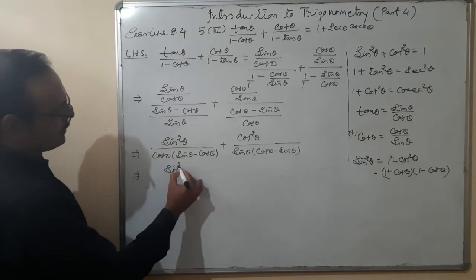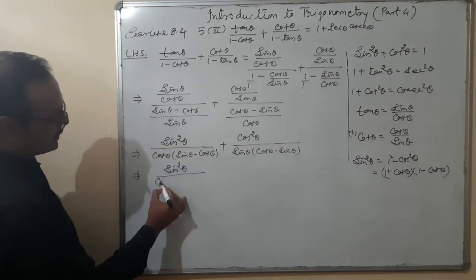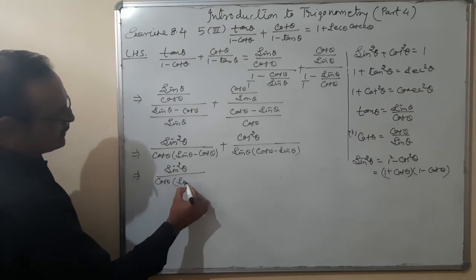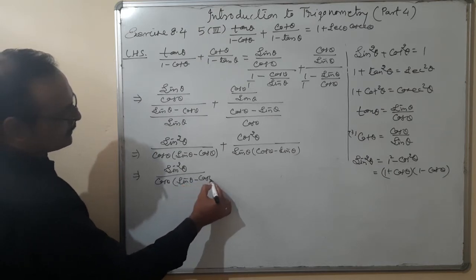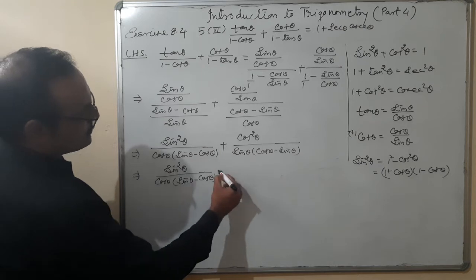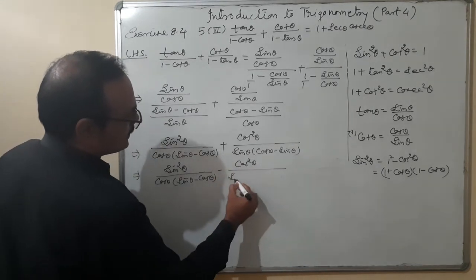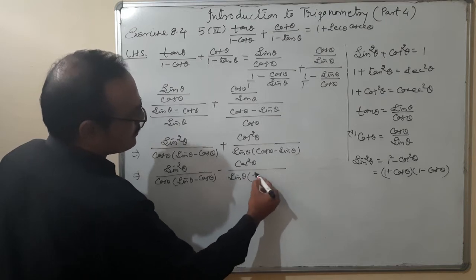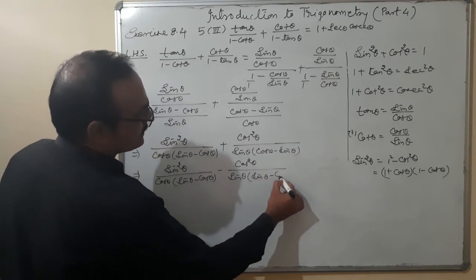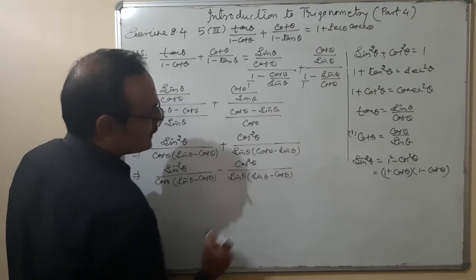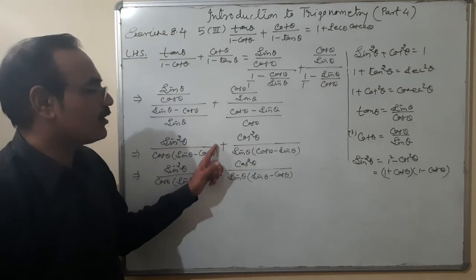Sin square theta upon cos theta into sin theta minus cos theta. This plus becomes minus cos square theta upon sin theta, and it is now sin theta minus cos theta. Step is clear?